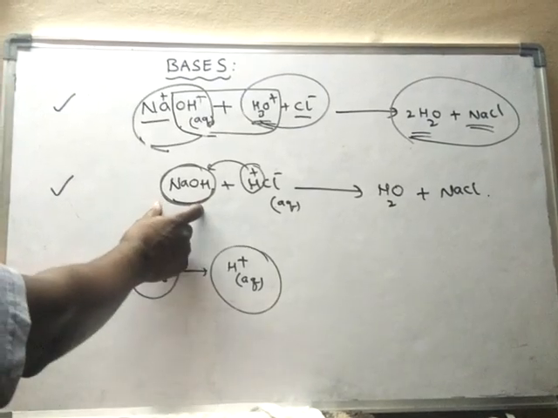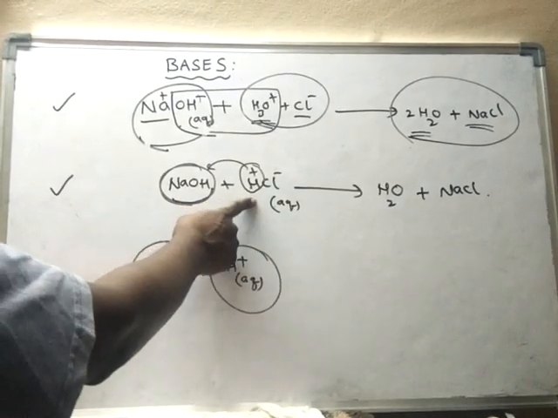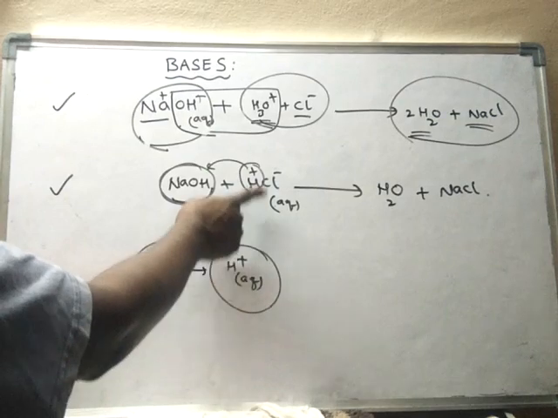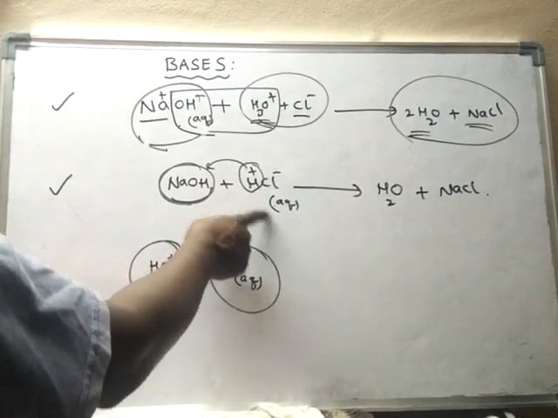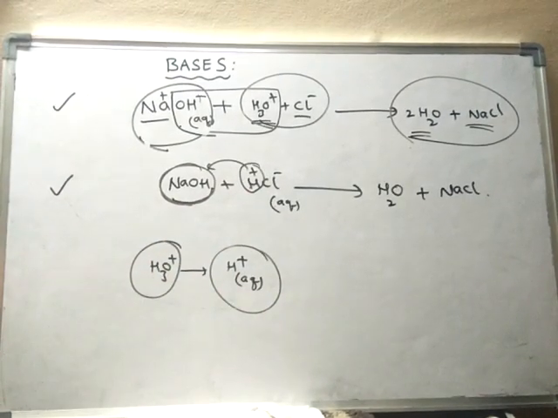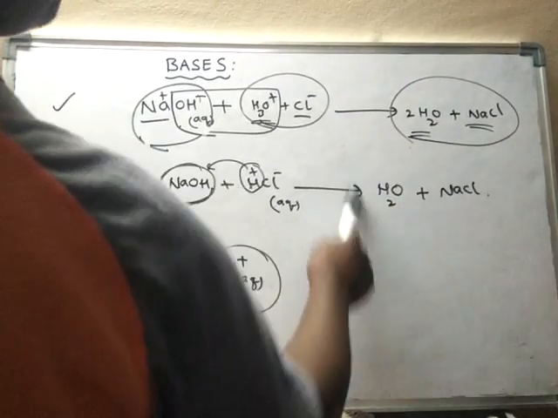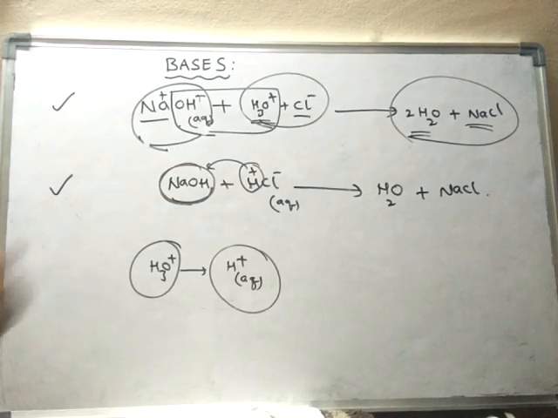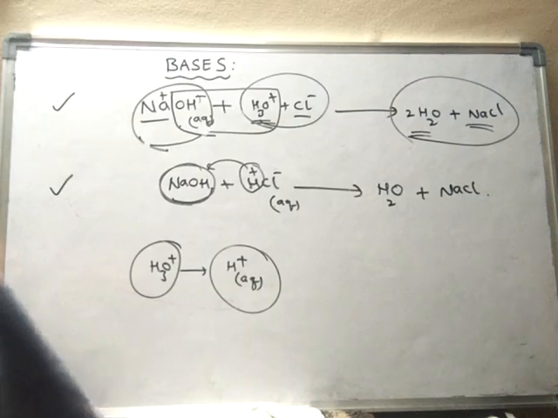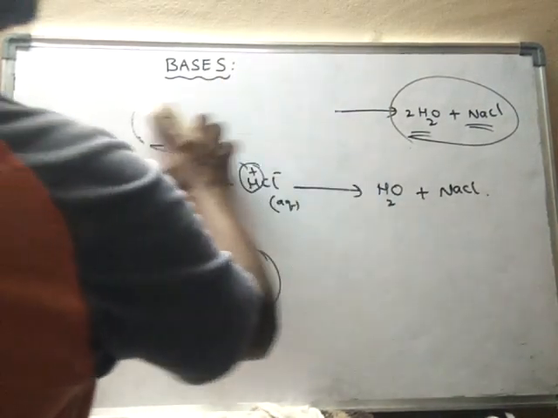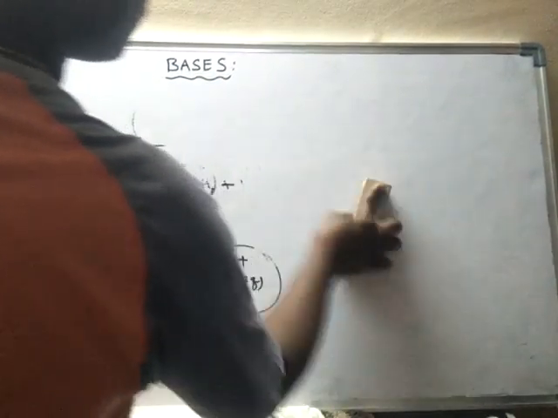The compound which accepts H plus ions, aqueous H plus ions, or else protons, to form salt and water as the only products, such a compound is said to be base. So like this we can define base. So this is the definition of base, and the definition is available in your ICSE part 2 book.